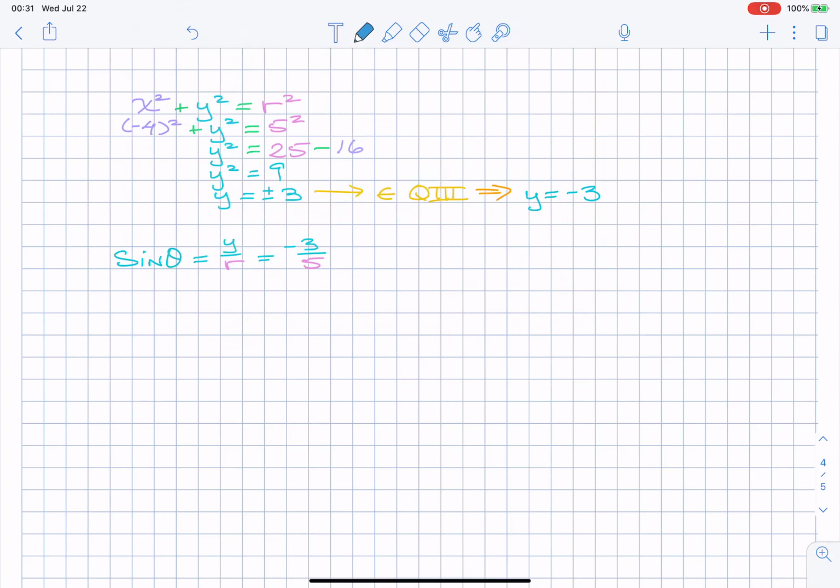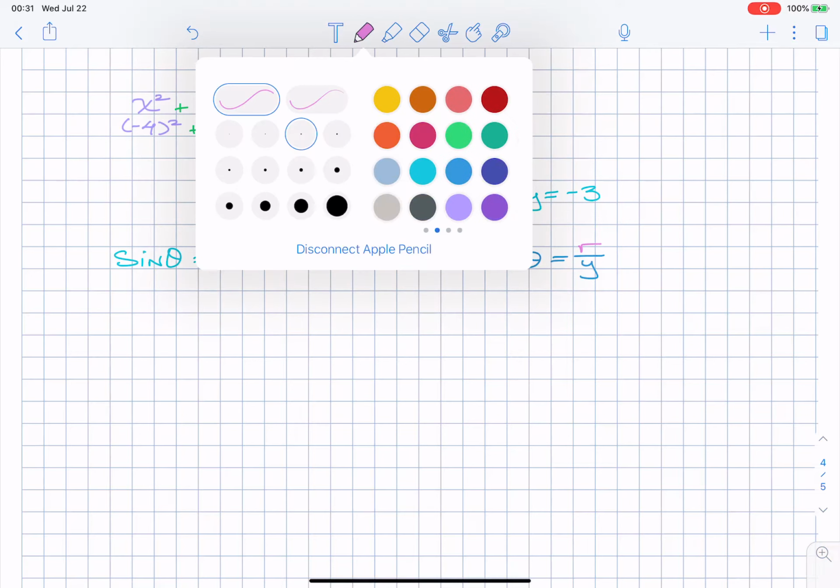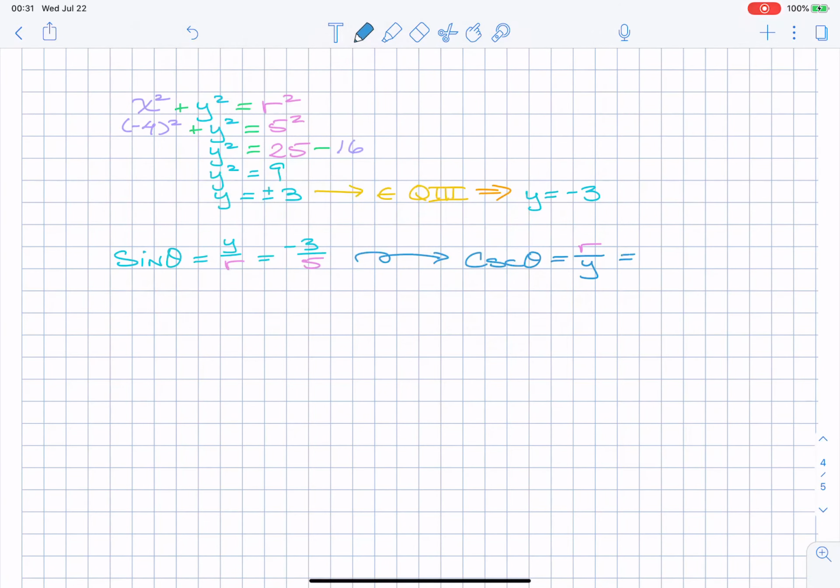Without having to think much, I know the reciprocal function cosecant of theta, because s's and c's go together, will be r over y. And that's going to be 5 over -3. Hopefully that makes sense so far.